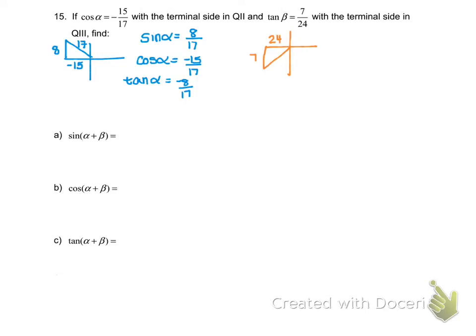But we know to be in quadrant 3, these both have to be negative, which agrees with our tangent value because tangent is negative 7 divided by negative 24, which is a positive value. After the Pythagorean theorem, we know that the hypotenuse is 25. So sine of beta, opposite over hypotenuse, equals negative 7 over 25. Cosine of beta equals negative 24 over 25.